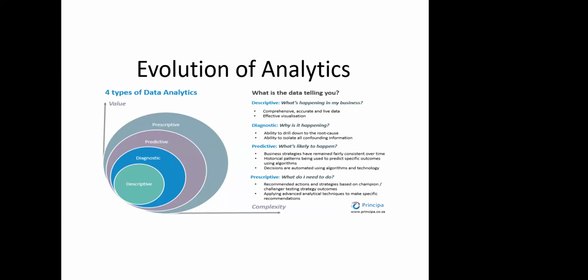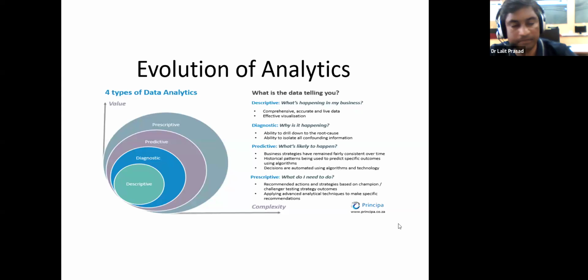These 4 types, descriptive, diagnostic, predictive, and prescriptive, will be used in business analytics, marketing analytics, HR analytics, everywhere. In any type of analytics we are talking about, these things will come.